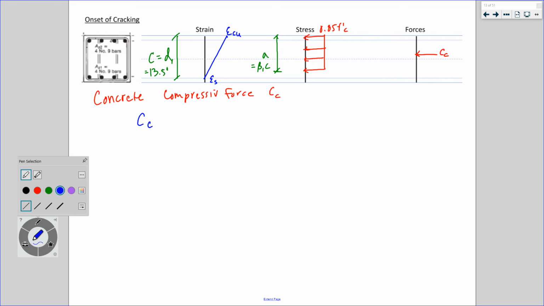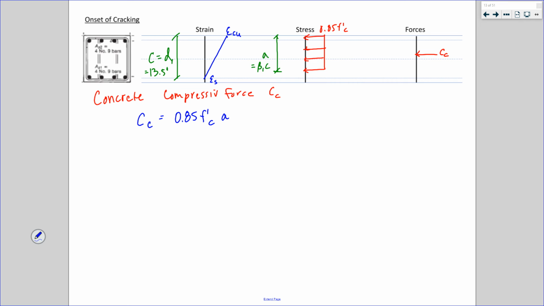C sub C equals the magnitude, 0.85 F prime C times A times B. We've been doing this all semester, right? That's the magnitude of the stress over the area over which it acts, which is A, the depth of that rectangular stress block, and B, which is the width of the beam or the column at this point.